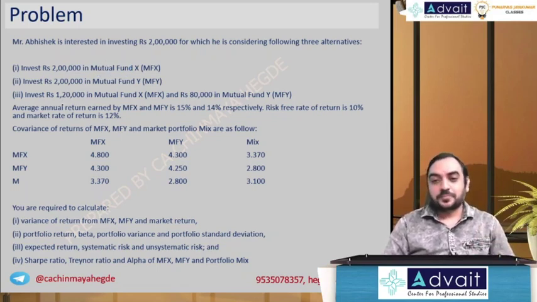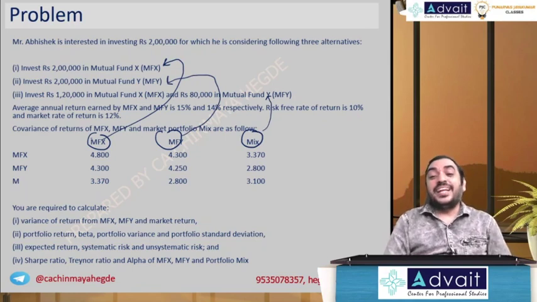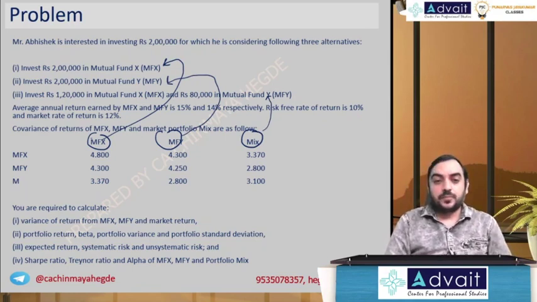Second point. You are having three choices. Invest in X, invest in Y, or invest in a mix, 1,20,000 and 80,000. Okay, look at the headings they have given. MFX, MFY, mix. MFX relates to option 1 here. MFY relates to option 2 here. Mix relates to option 3 here. Please tell me, is my interpretation correct?